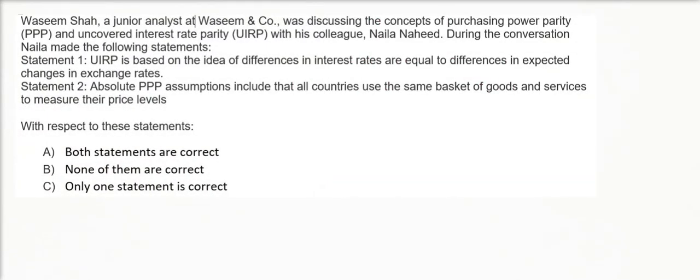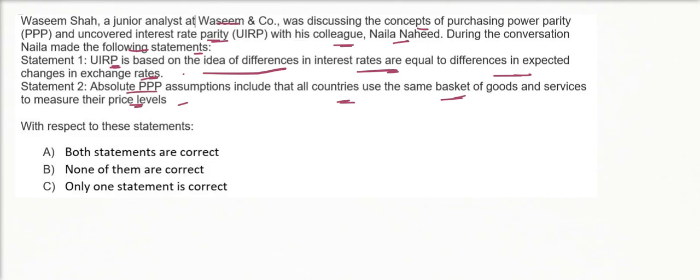Okay, now looking at another thing, Wasim Shah, a junior analyst at Wasim and Co, was discussing the concepts of purchasing power parity and uncovered interest rate parity with his colleague Naila Nahid. During the conversation, Naila made the following statements. First thing is based on the idea of differences in interest rates are equal to differences in expected changes in exchange rates. And the second statement is that absolute PPP assumptions include that all countries use the same basket of goods to measure their price levels, right?